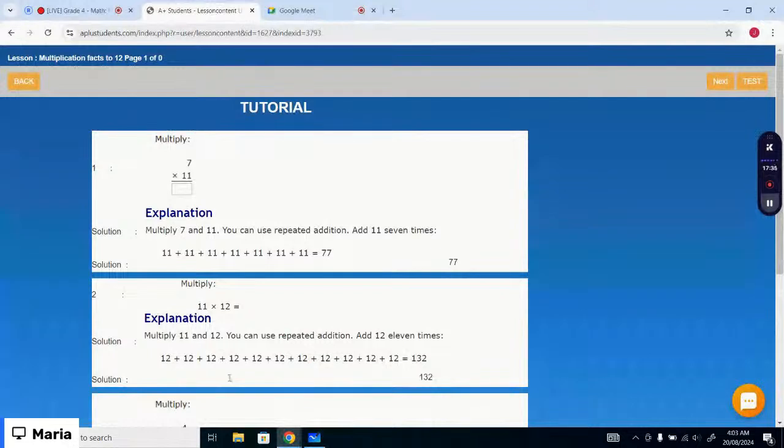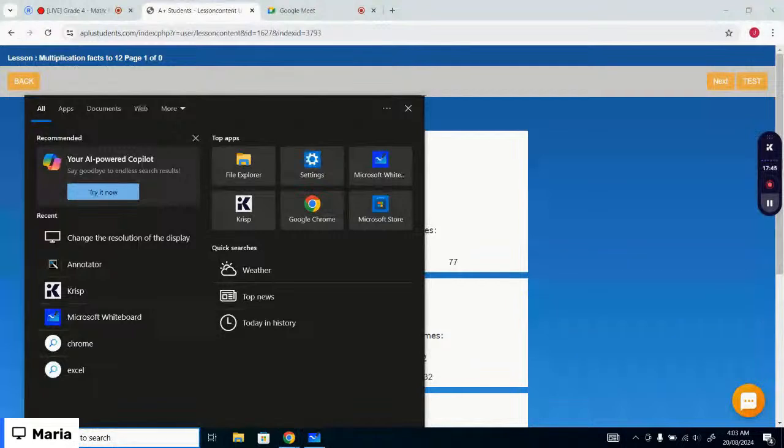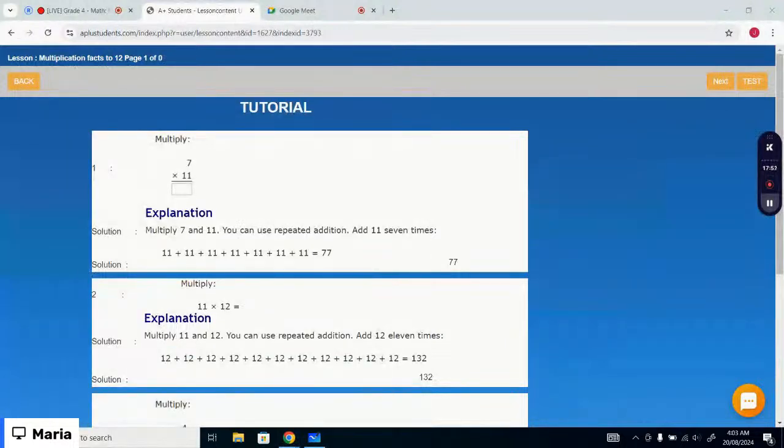It is the same as adding 7 11 times or 11 7 times. You have two numbers involved here, 7 and 11. They both have exactly the same answer, that is 77. Got it?